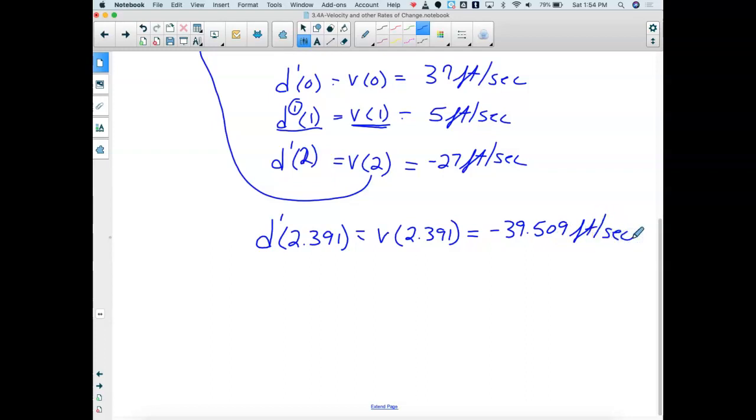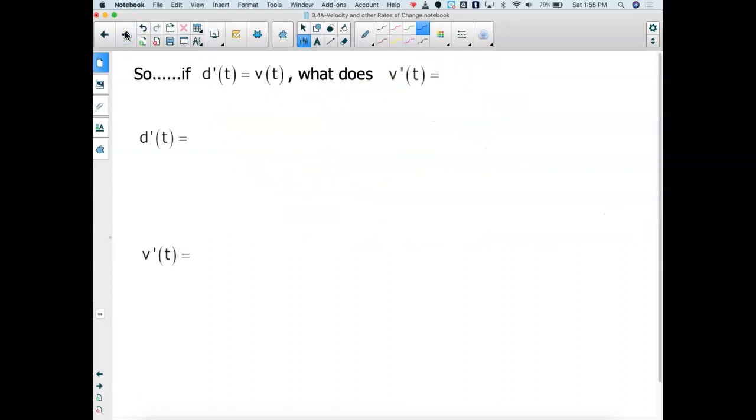It's giving me my velocity at impact when the ball hit the ground. Okay, so let's take this a little further.